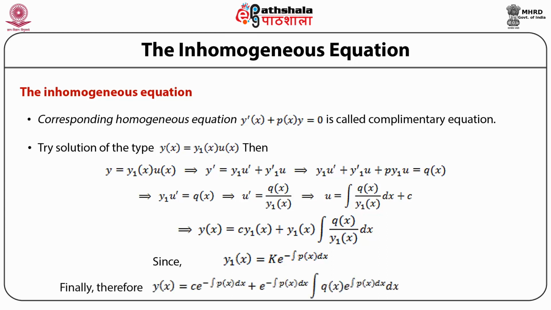So finally, the required general solution of the inhomogeneous equation is given by y(x) = c times e to the power minus integral of p(x) dx plus e to the power minus integral of p(x) dx times the integral of q(x) into e to the integral of p(x) dx dx.